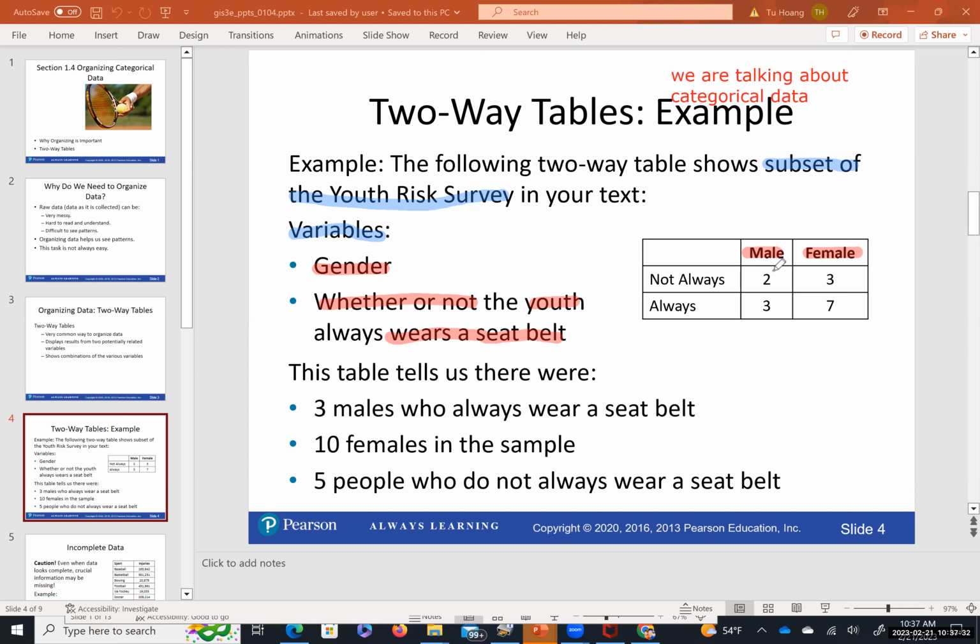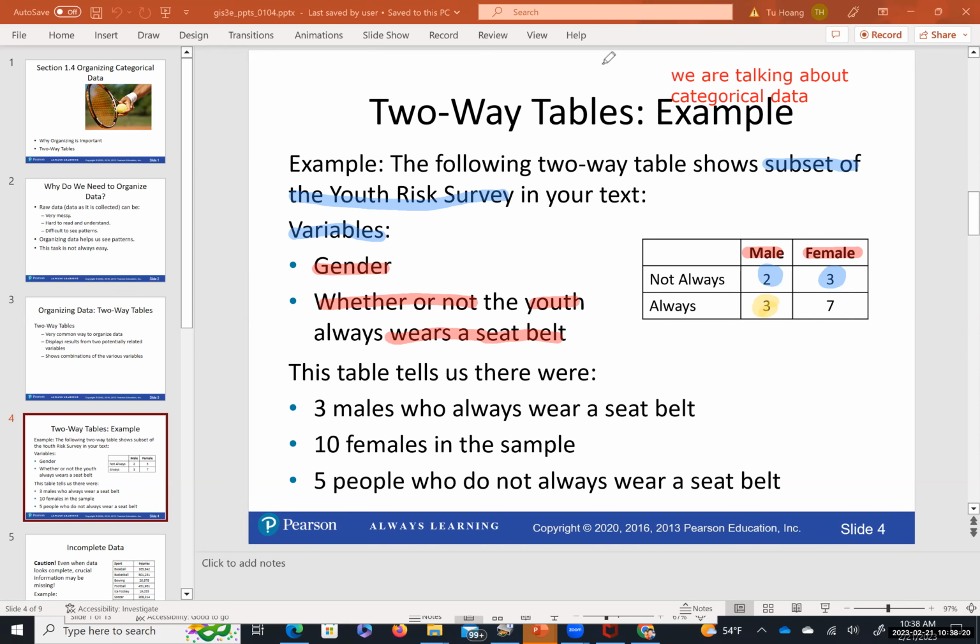The two here stands for two males who do not always wear a seatbelt, the three here stands for three females who do not always wear a seatbelt, and the three here stands for three males who say they always wear a seatbelt when they drive, and so on for the rest.